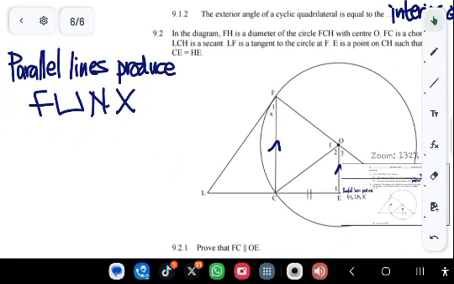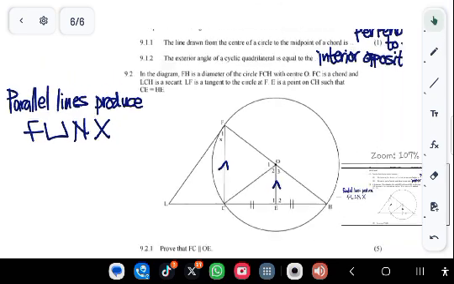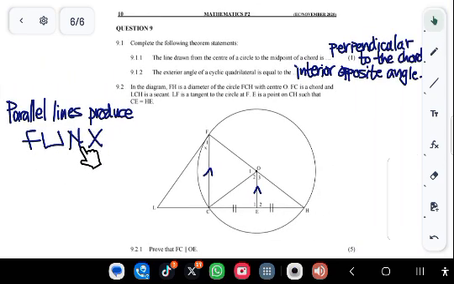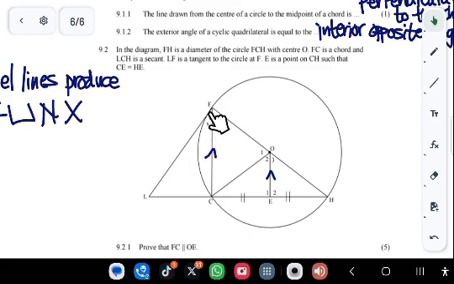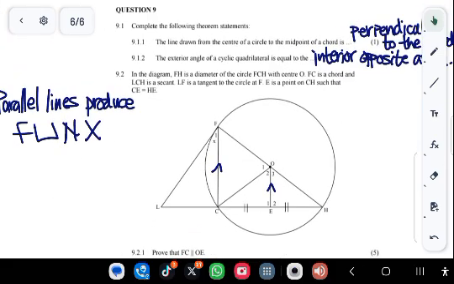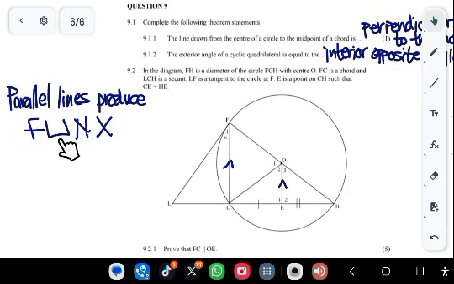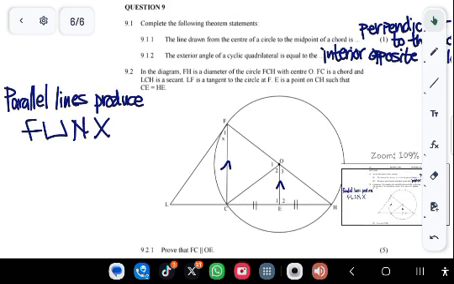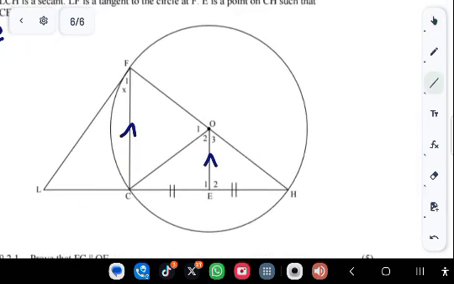So whenever they talk about parallel lines, these are the angles we need to look out for. What shape can we conjure up that looks similar to any of the ones that we drew? Let's try and draw that shape.